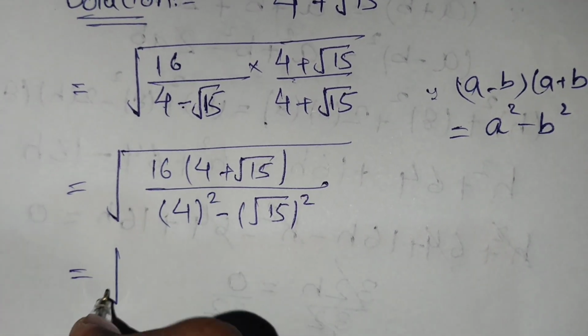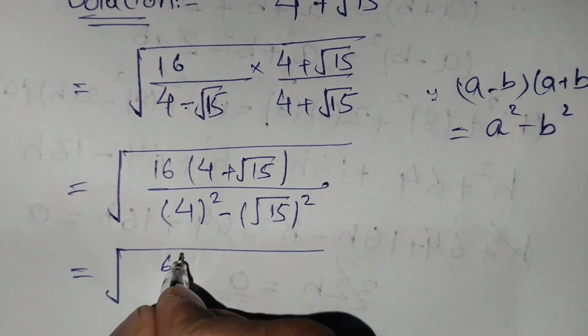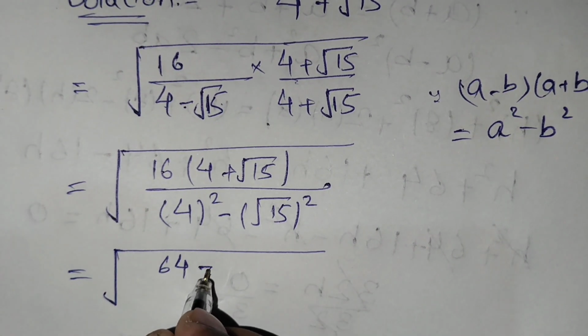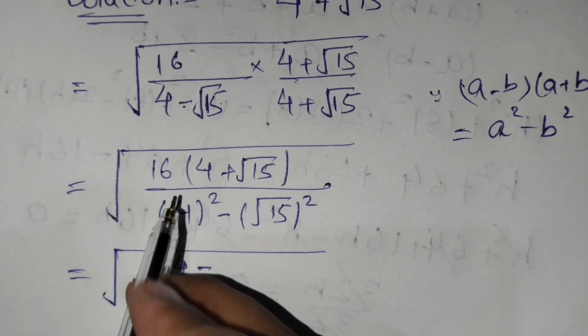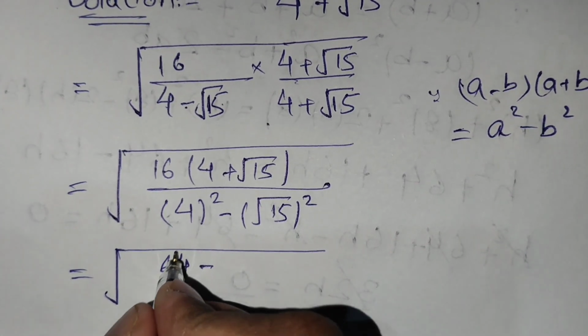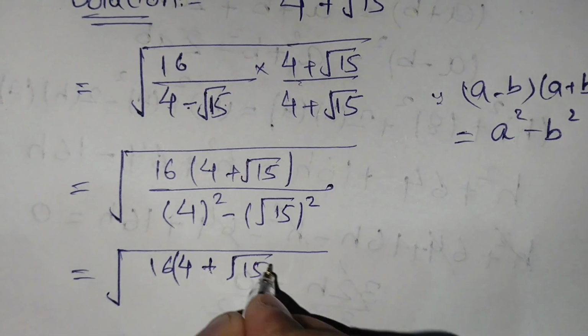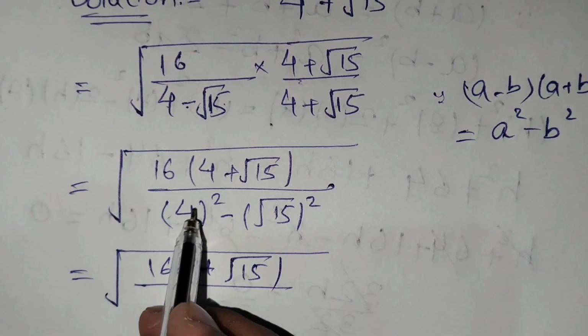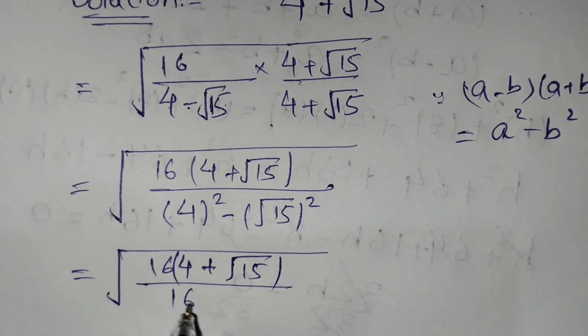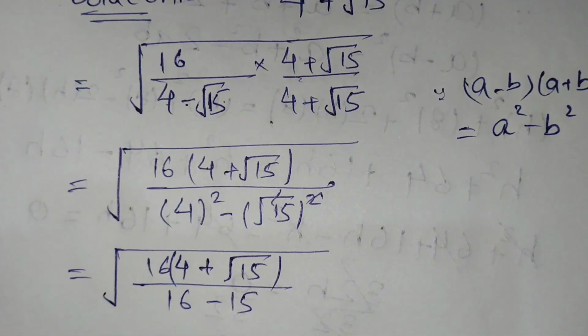And square root of 16 into 4 is 64. Or we can write this as square root of 16 times 4 plus square root of 15 divided by 4 square, which is 16, minus square root of 15 square, where the square root and square cancel, which is 15.